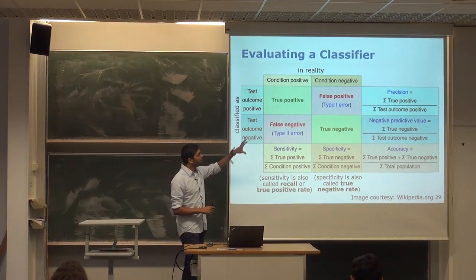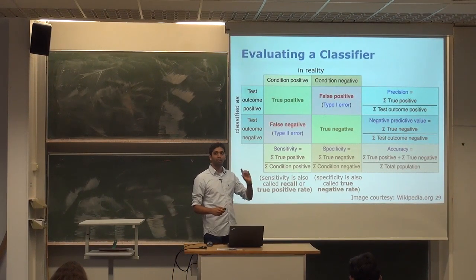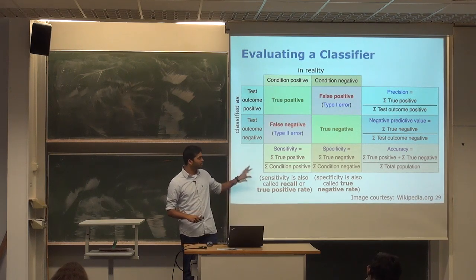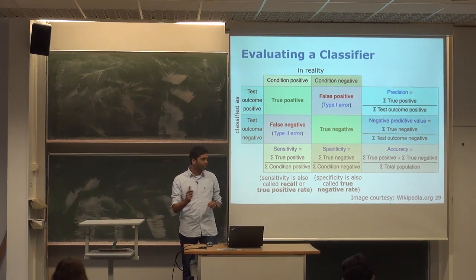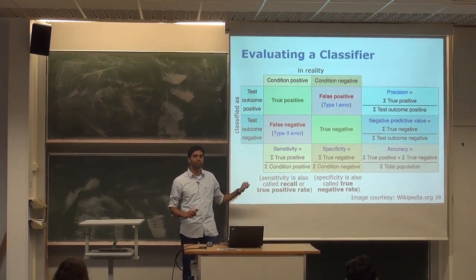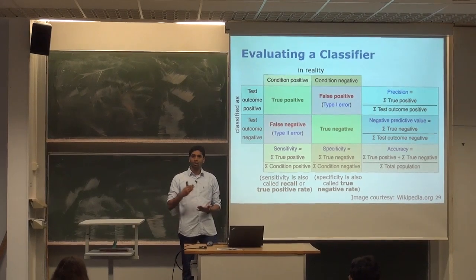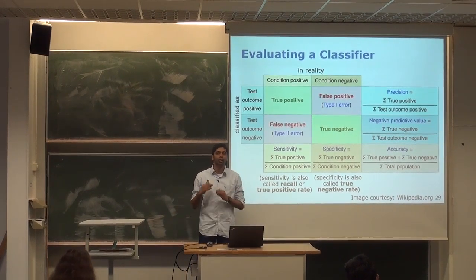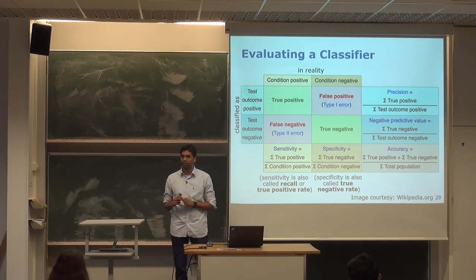So depending on your application, you try to maximize or minimize one of these metrics. It's mainly for reference. Whenever you are working on some classification problem and you want to evaluate how it performs, you could come back to here, compute all these metrics, and then decide, okay, does this fit my application or not?